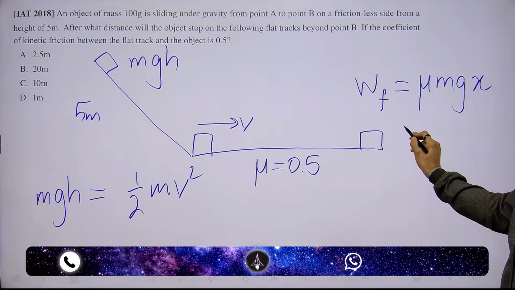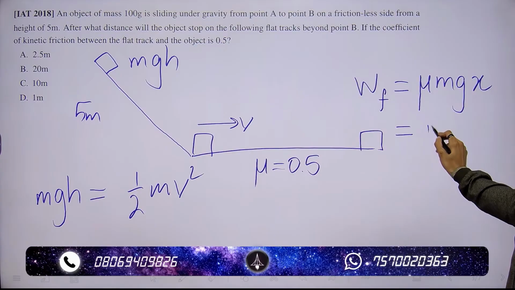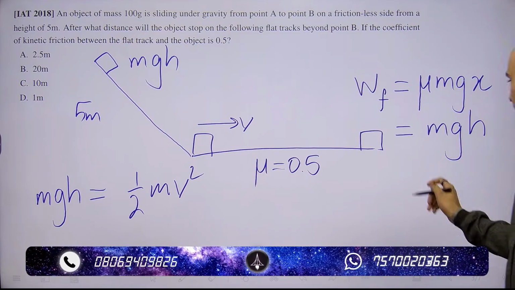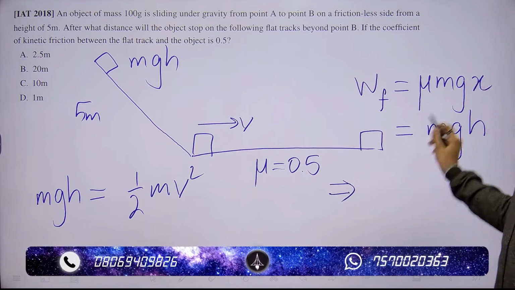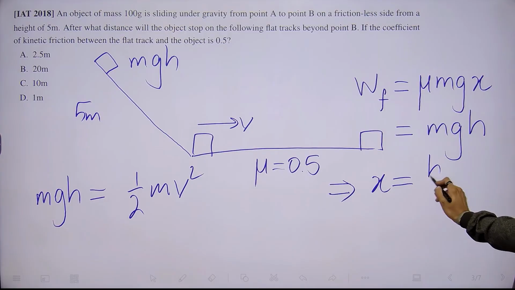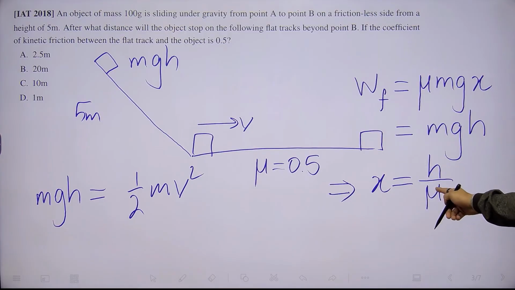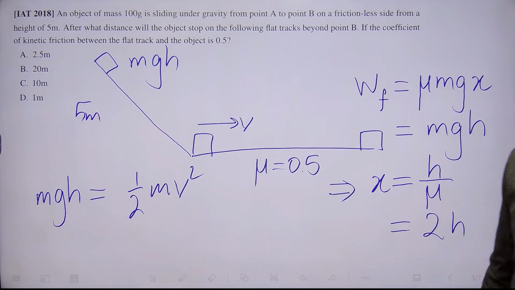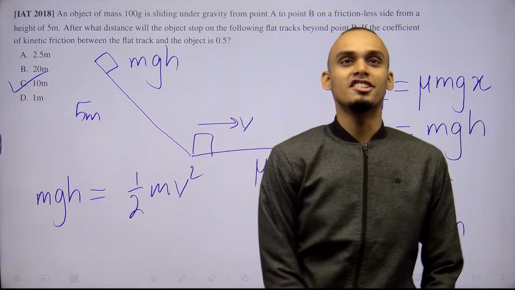So we can directly equate this work done to mgh, and from this equation mg cancels with mg, x becomes h by mu, and since we know mu is half, x will be twice of h, that is 10 meters is the answer to this question.